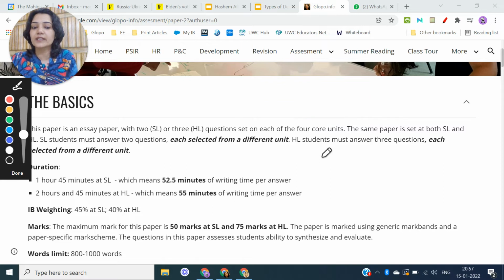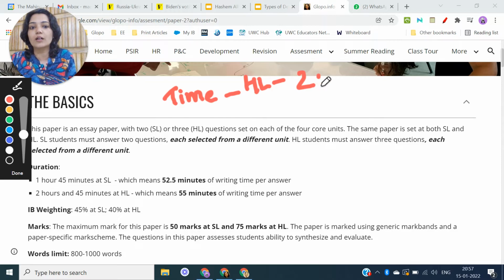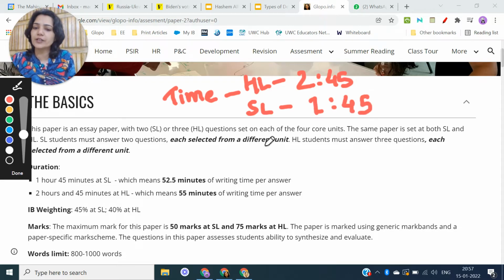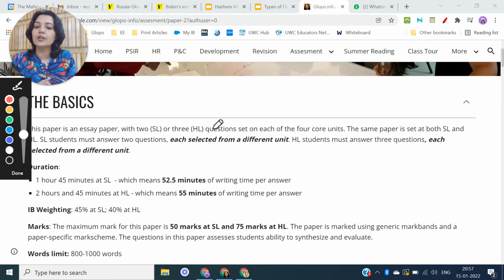Then the second thing is the duration, that is your time. For HL, this is 2 hours 45 minutes, and for SL, this is 1 hour 45 minutes. Fair enough. This is also clear to you.